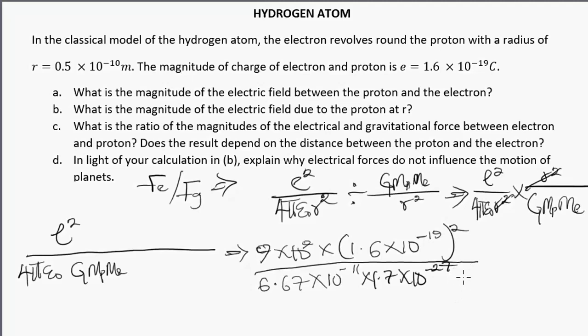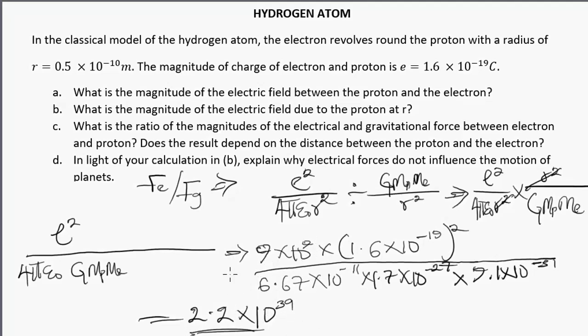And then this will be multiplied by 9.1 times 10 to the power of minus 31, which is the mass of the electron. Alright, so when I check this with my calculator, I'll have 2.2 times 10 to the power of minus 39. That's the ratio.